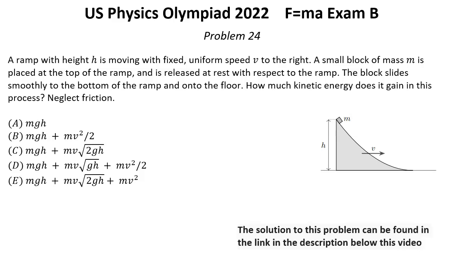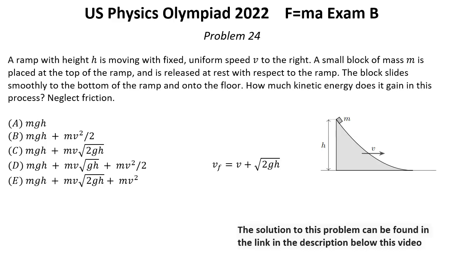First, we can find the final velocity of this block after it reaches the floor. That will be square root of 2gh compared to the ramp, and v final equal to v plus square root of 2gh compared to the floor.